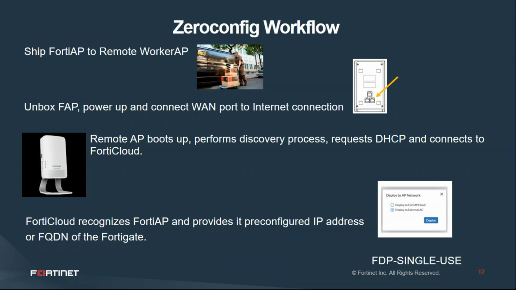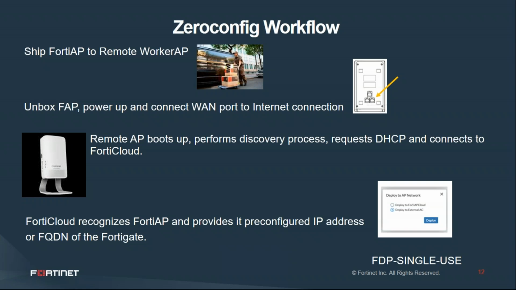And when the access point boots up, it performs a self-discovery process. So the access point tries to figure out what type of access point it is. And there's several steps to this process.